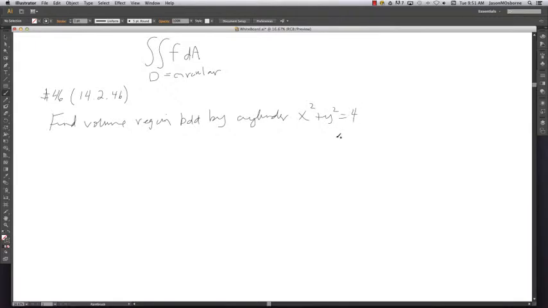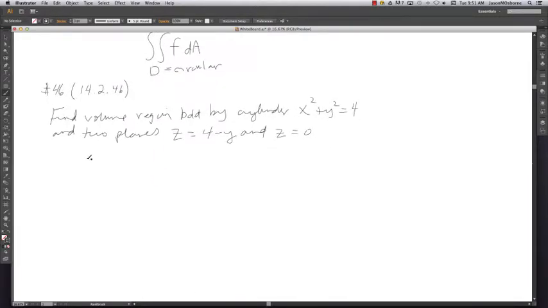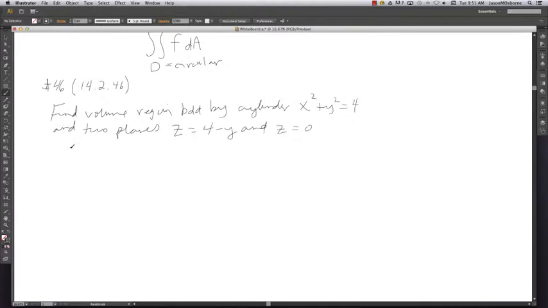So they've given us the implicit form of the cylinder, and they want us to find a region by bounding it with two planes: z is equal to 4 minus y, and z is equal to 0. If I look at a rough sketch, we have some sort of cylinder.